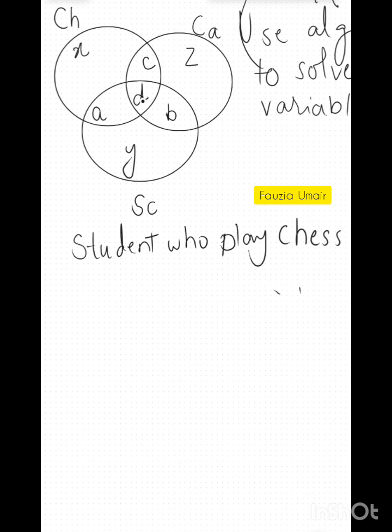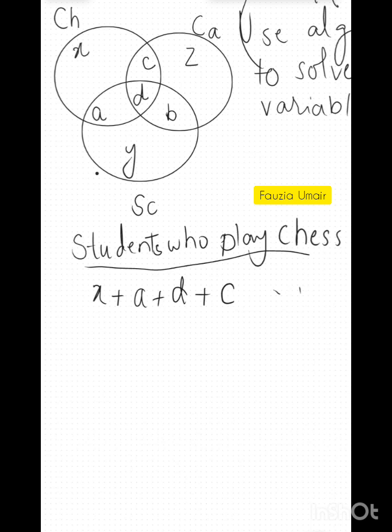To find the total number of students who play chess, you need to add these 4 variables together: X plus A plus D plus C. It is given in the question that the students who play chess equal a specific number.